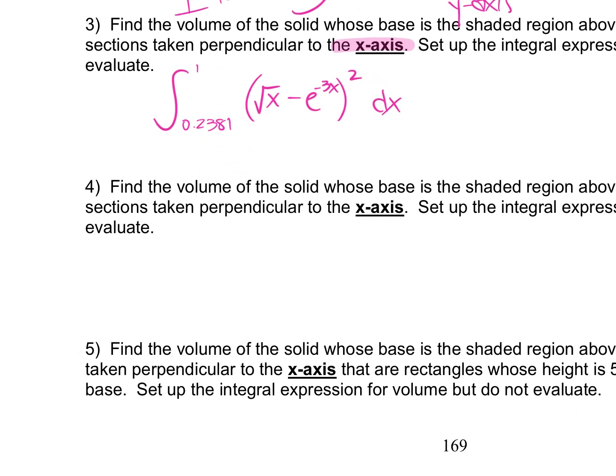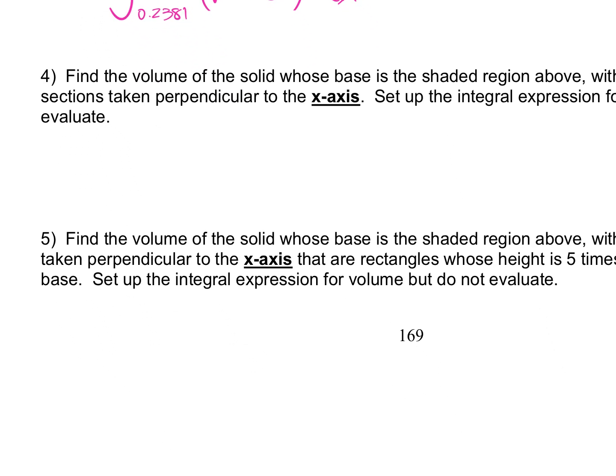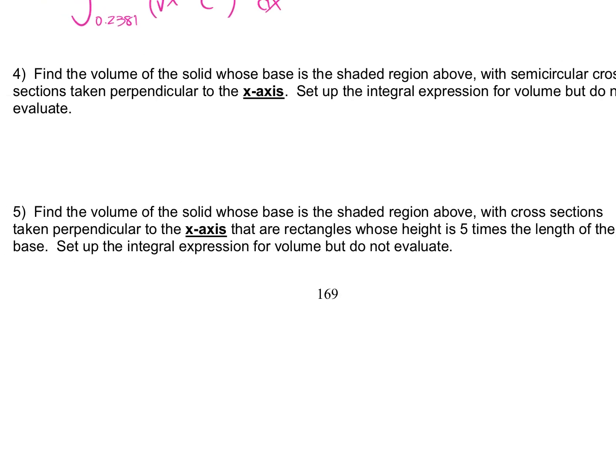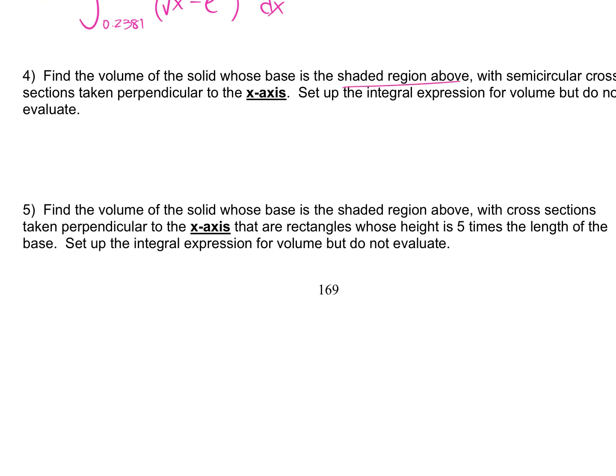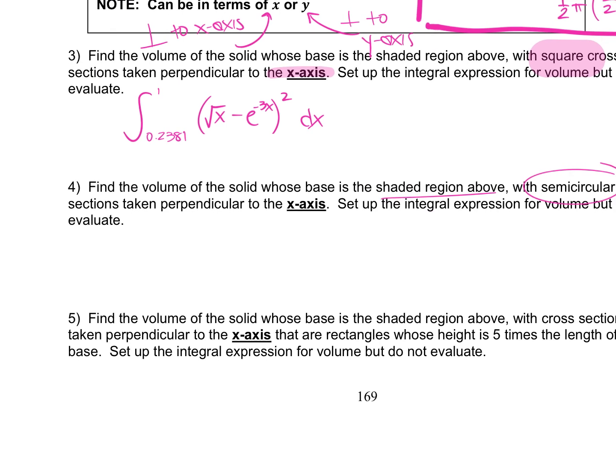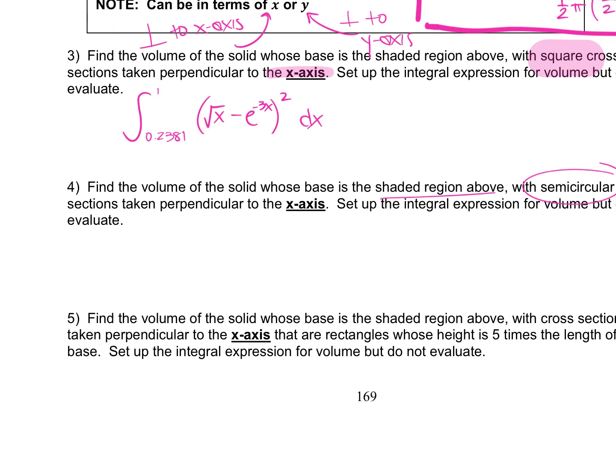All right, so then let's try that again with the same shaded region, excuse me, shaded region above, this time semicircle. Yeah. Why didn't we do like the 1/2 pi and 3/2? Well, because in this one, this is now not a circular region at all if we use those square cross sections, because like we said in the visualization thing, the squares stand up and it makes the entire area.